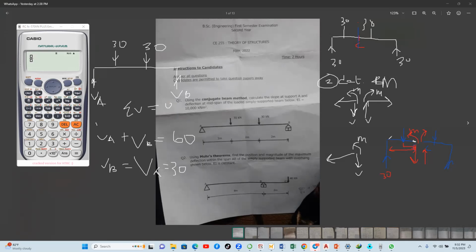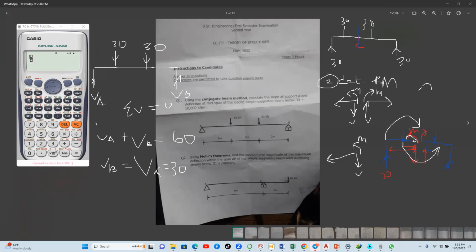So this one, the 30 Newton force, will cause this turning effect. This force will cause this turning effect. Have you seen it? And the original moment M is also causing this effect. So you take a notation for them.